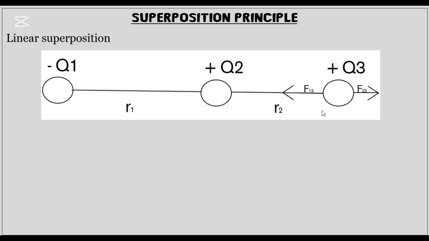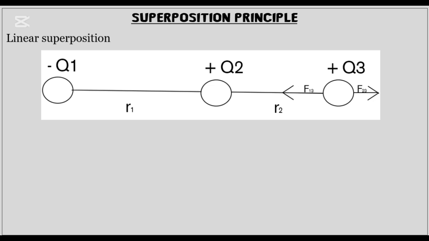That's why the arrow of F13 points to the left. F13 being on the left side of Q3 means it is on the negative side of Q3, so that force will be a negative force.